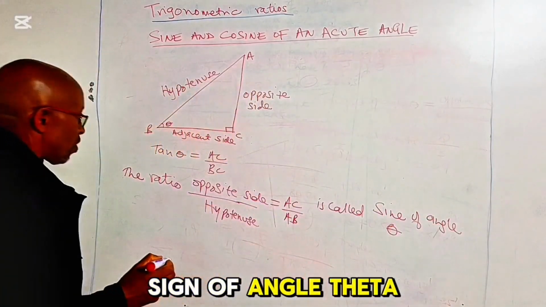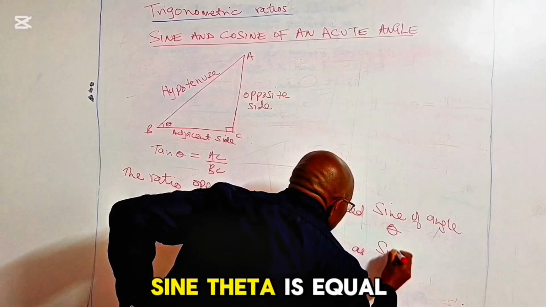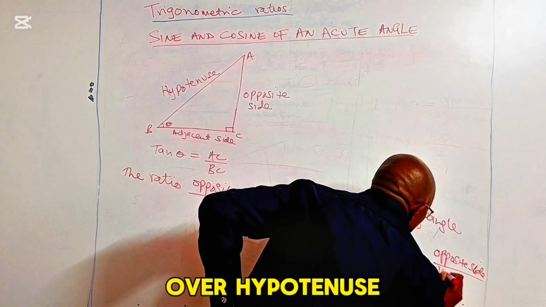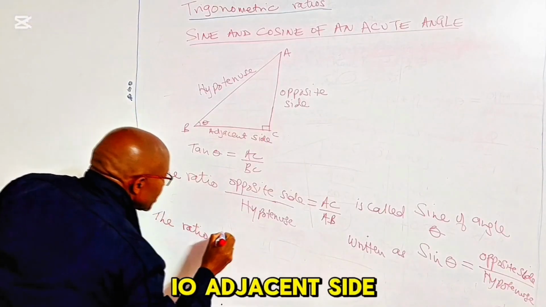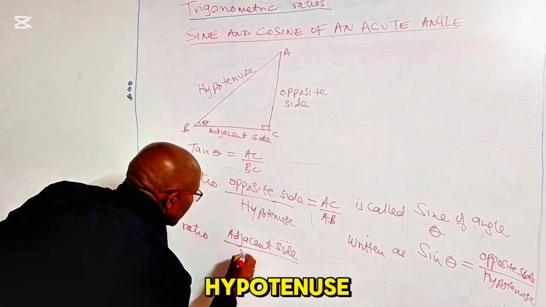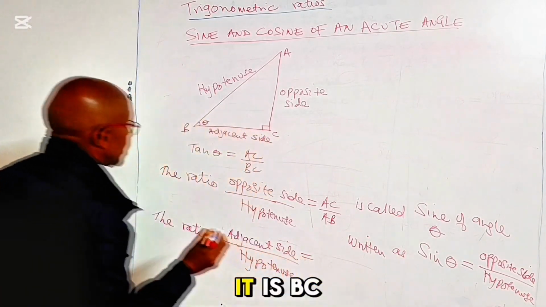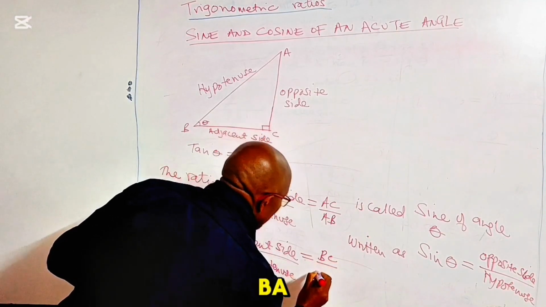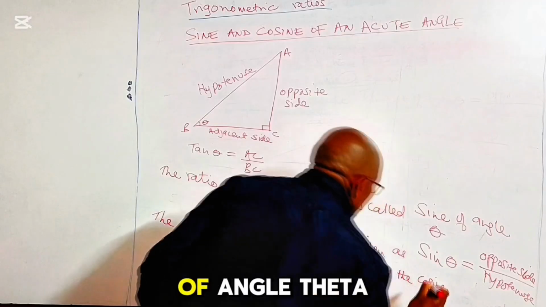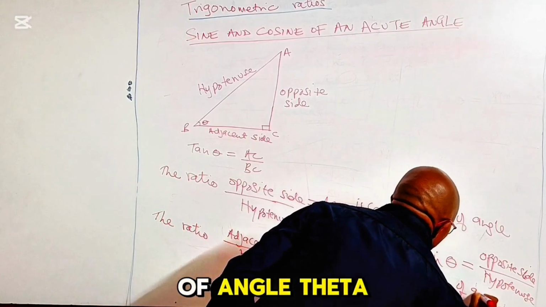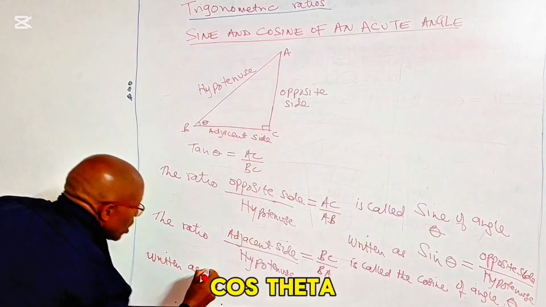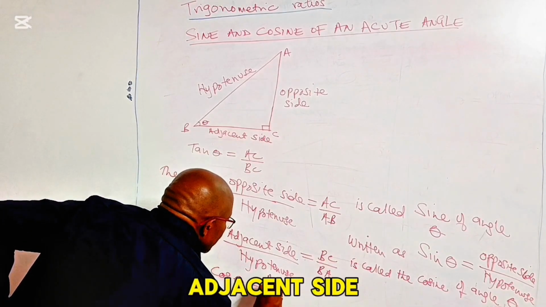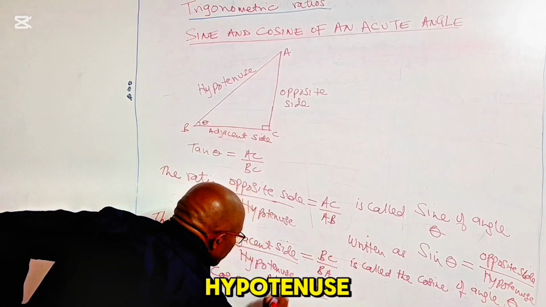Sine theta is equal to opposite side over the hypotenuse. The ratio adjacent side over the hypotenuse, in our case BC over BA, is called the cosine of angle theta. Cos theta is equal to adjacent side over the hypotenuse.